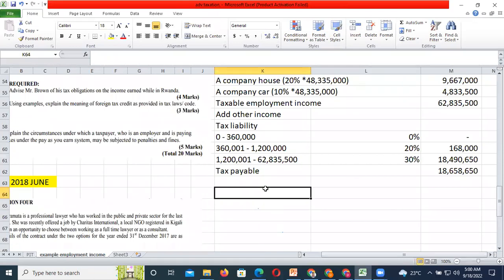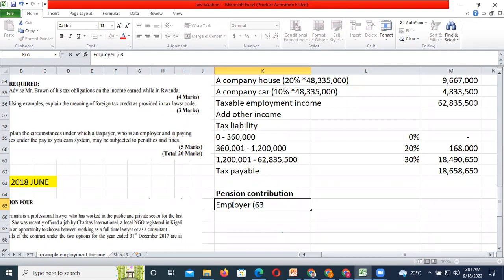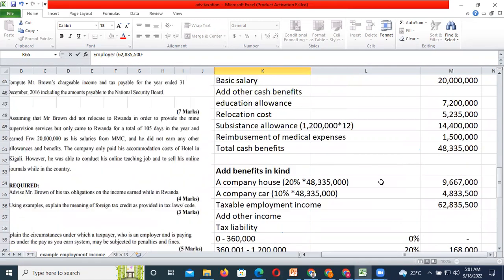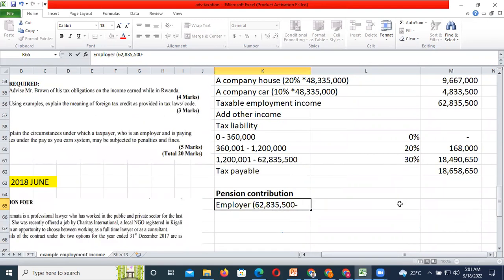Now I can now compute the pension contribution. So I have the employer. The employer is going to be 62,835,500 minus our transport allowance, which is 4,883,500, then times 5.3%.